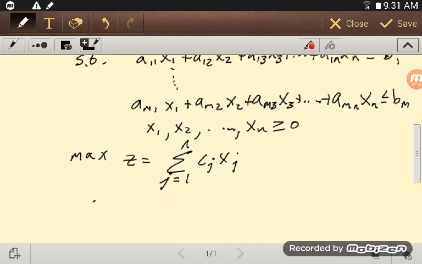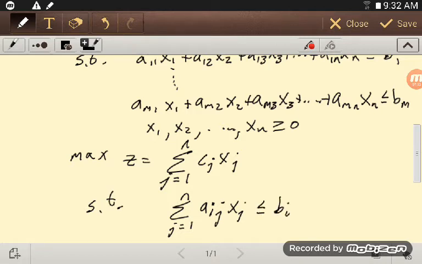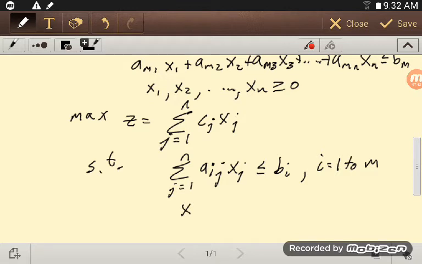Okay, so we have that, but then subject to, the sum j equals 1 to n of aij xj must be less than or equal to bi, for i equals 1 to m, and then xj is greater than or equal to 0 for j equal 1 to n.